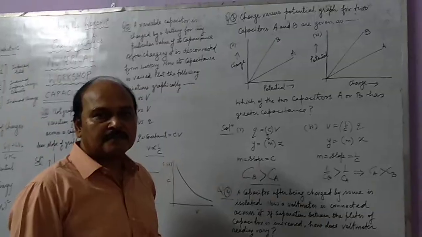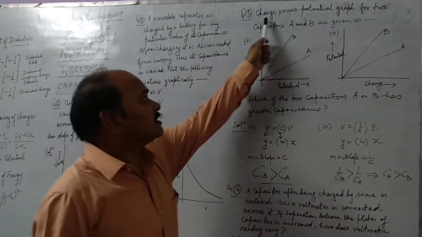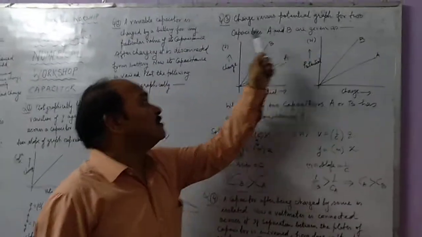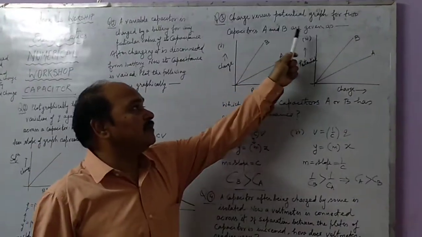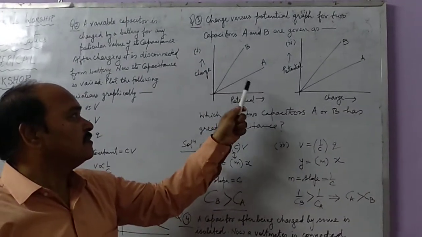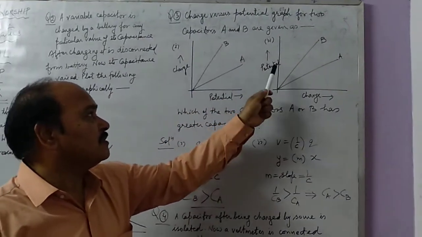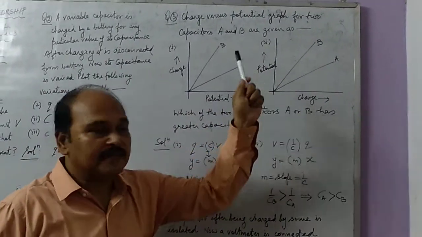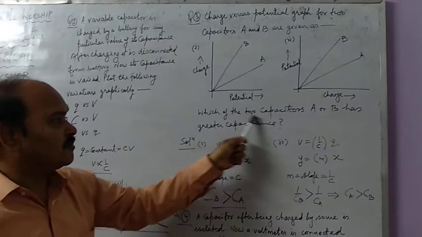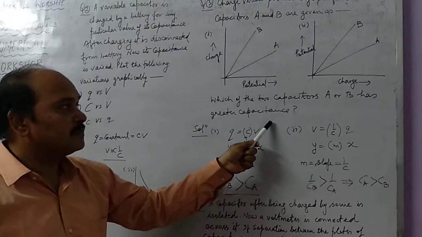Okay, now see question number 3. Charge versus potential graph for two capacitors A and B are given as. This is the charge versus potential graph for two capacitors A and B. This is also a charge versus potential graph for two capacitors A and B. Which of the two capacitors, A or B, has greater capacitance?